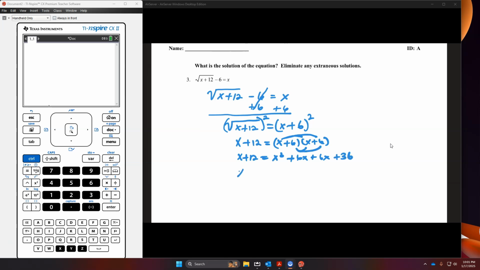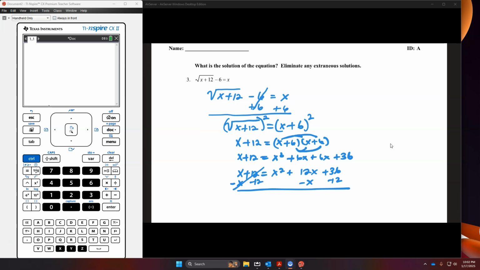So you have x plus 12 equals x squared plus 12x plus 36. Subtract x from 12x. Subtract 12 from 36.